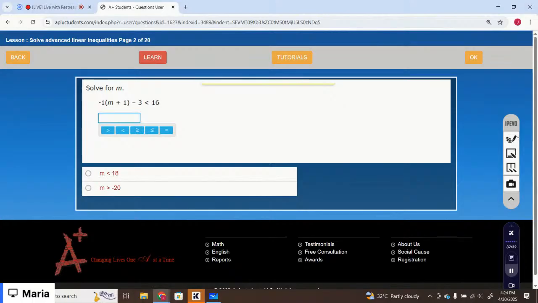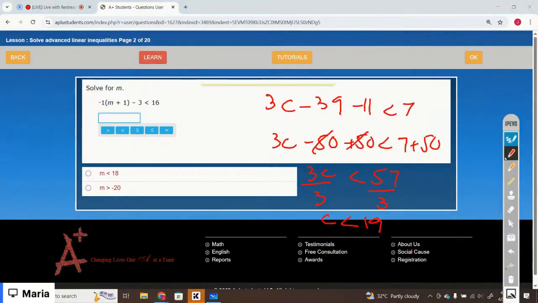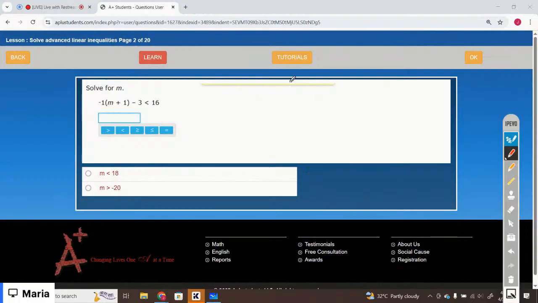Negative 1 times m plus 1 minus 3 is less than 16. Negative m minus 1 minus 3 is less than 16. Negative m is less than 16 plus 4. Negative m is less than 20, so we need to flip the sign: m is greater than negative 20.